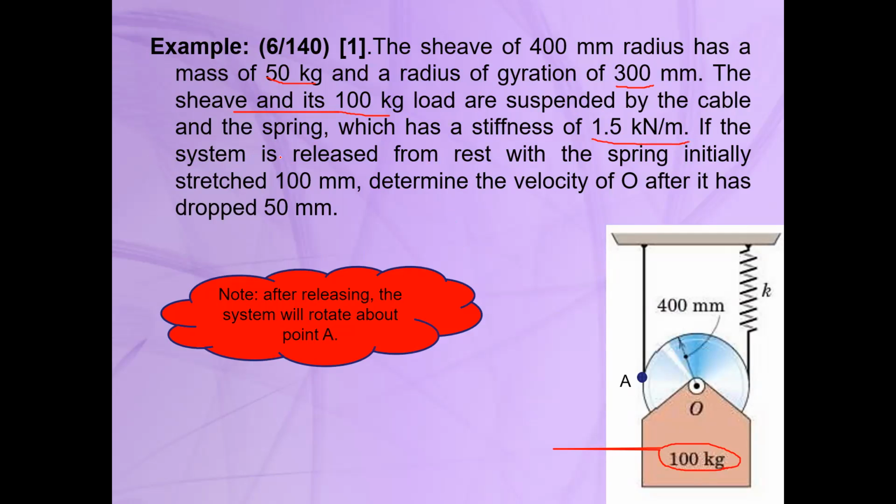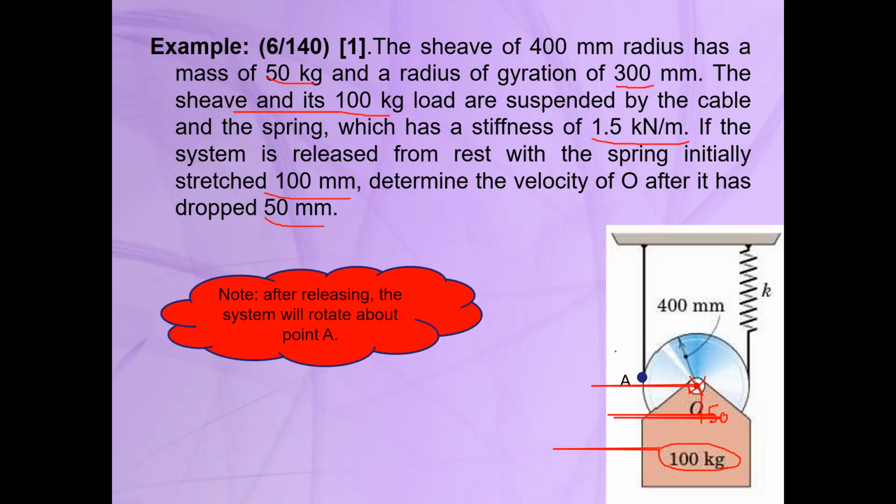If the system is released from rest with the spring initially stretched 100 millimeter, determine the velocity of O, the center of this sheave, after it has dropped 50 millimeters, so it will come down 50 millimeter. So the change in the height is 50 millimeter.